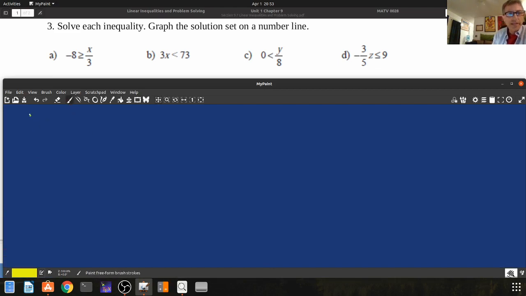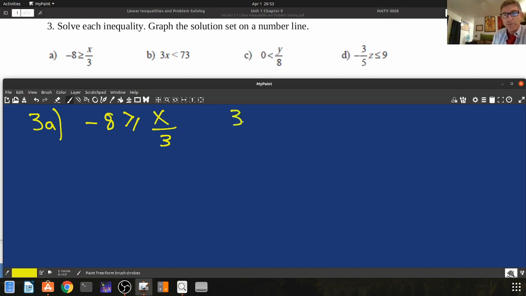So this is 3a. So I have minus 8 is greater than or equal to x over 3. So we're going to do the exact same thing. You can just pretend like this inequality is an equal sign. So I want to clear the denominators. I only have one denominator, so that's 3.